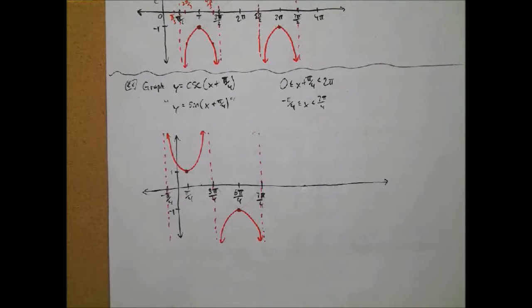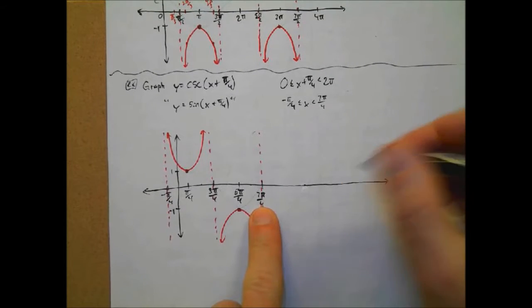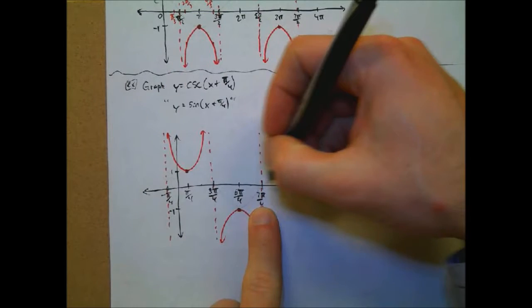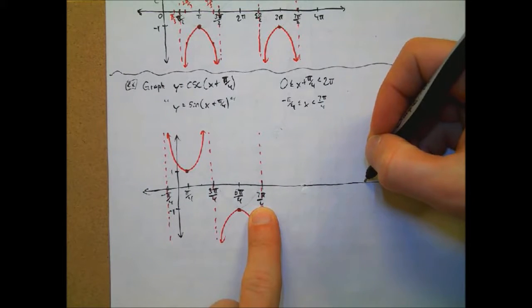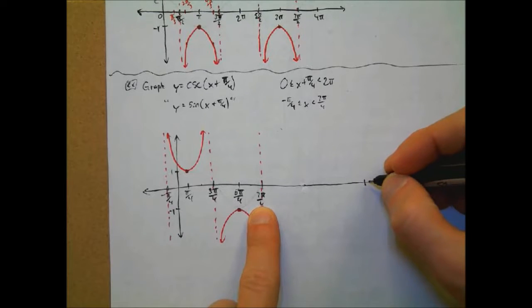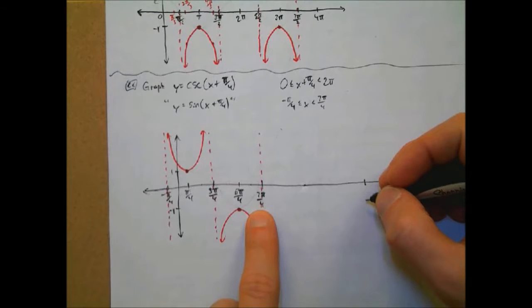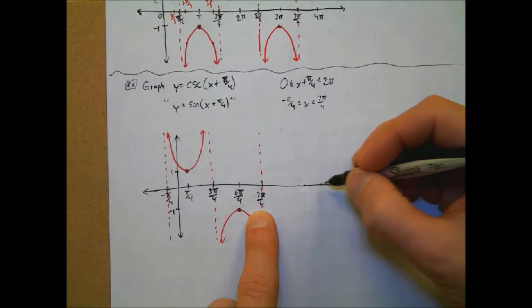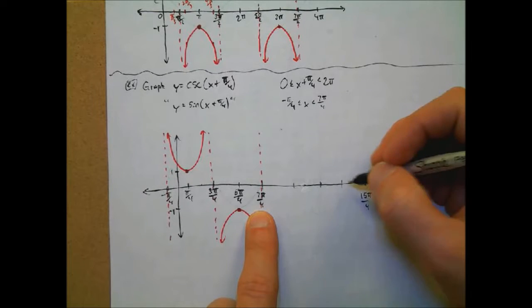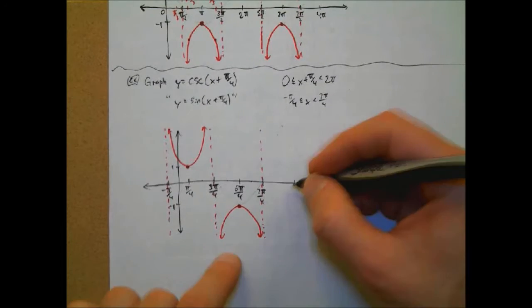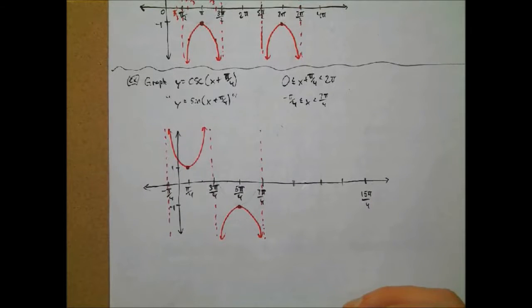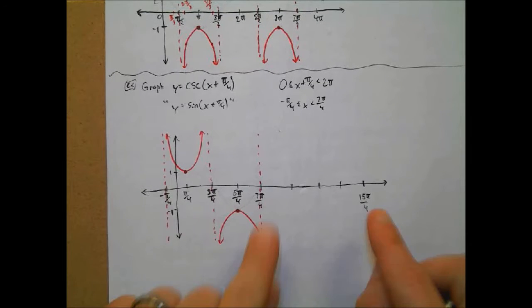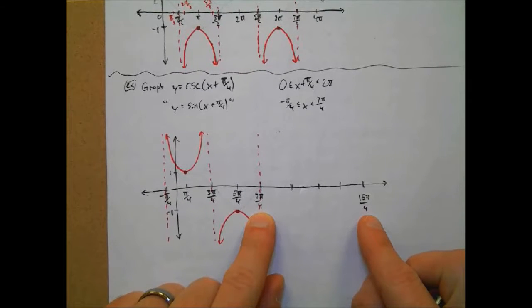Let's see. I'm going to try and eyeball the right distance there. Something like that. So if we wanted to, we could go another 2 pi out from this. That'd be adding 8 pi over 4 to 7 pi over 4, which gives 15 pi over 4. Then again, you can find the halfway points and the quarter points, and go from there getting more asymptotes. But it would repeat just like the last one did.